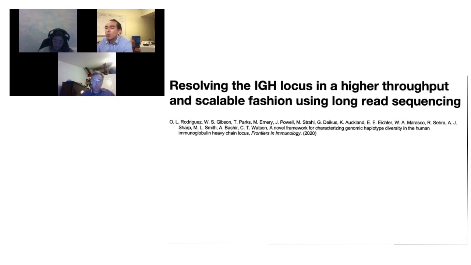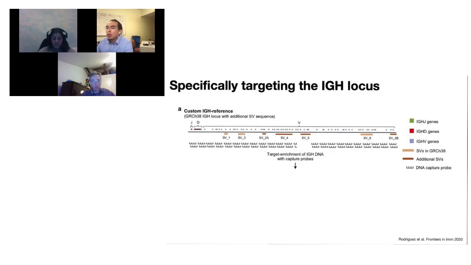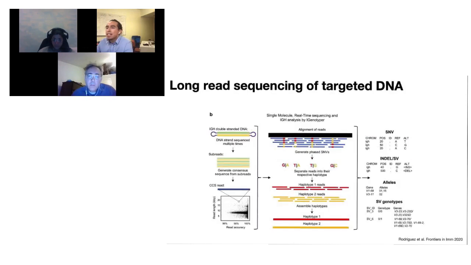In 2020, we published a framework on how to resolve the IGH locus in a high throughput and scalable fashion using long read sequencing. We did this by targeting the IGH locus. DNA probes were designed to specifically pull down DNA from IGH. This DNA was then sequenced using long read sequencing and analyzed with a framework that we developed called iGenotyper.